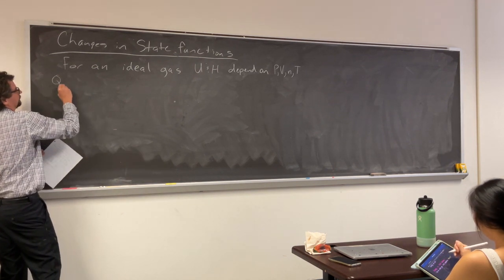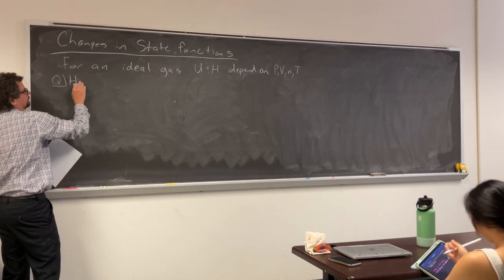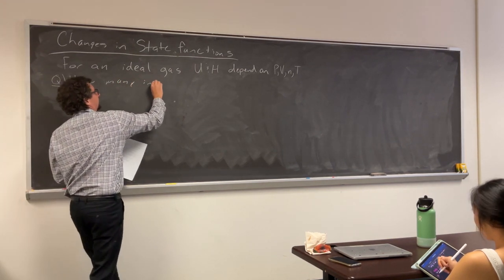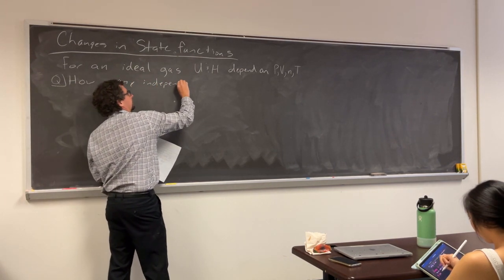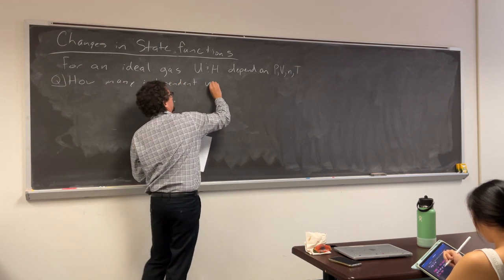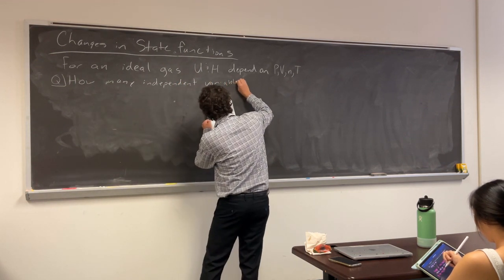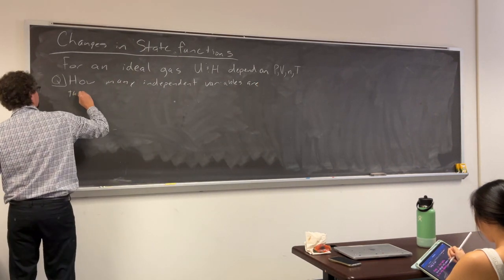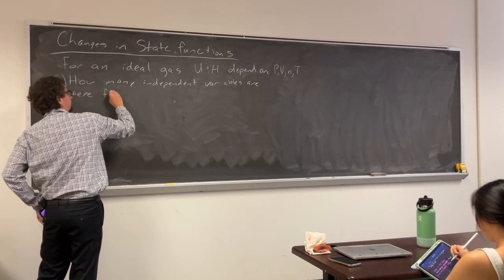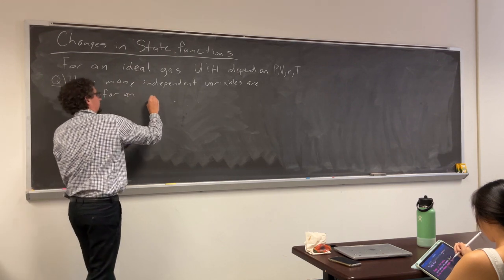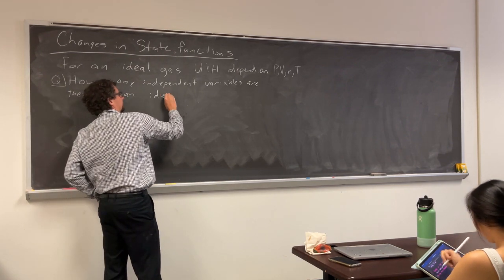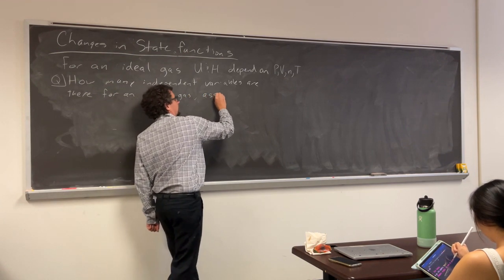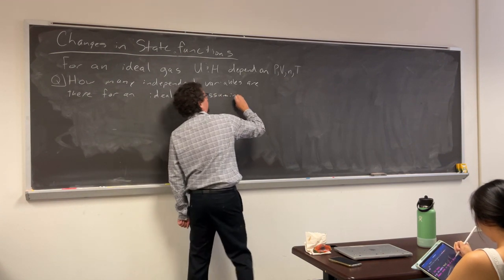How many independent variables are there for an ideal gas, assuming moles are constant?